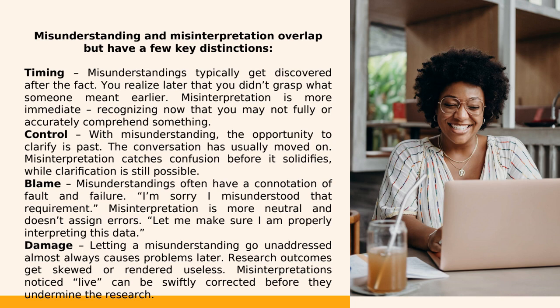So here we mean that misunderstanding typically happens after the fact. You had your communication with the person, you think that they understood everything, but then it appears that they didn't. That is when you understand that this person had a misunderstanding. They didn't exactly grasp what you said to them, right?